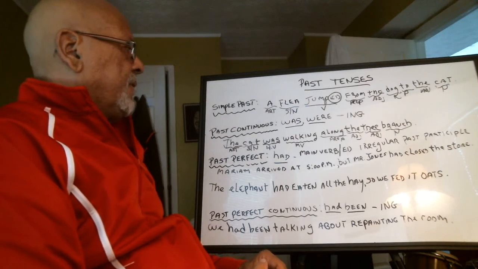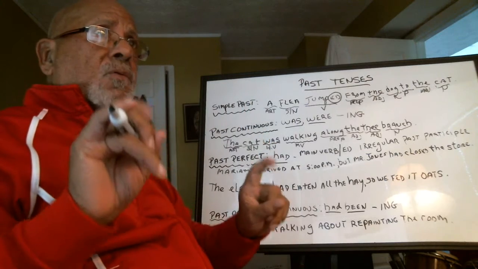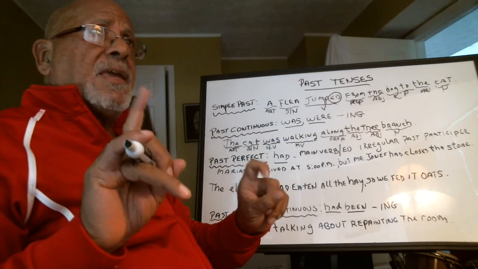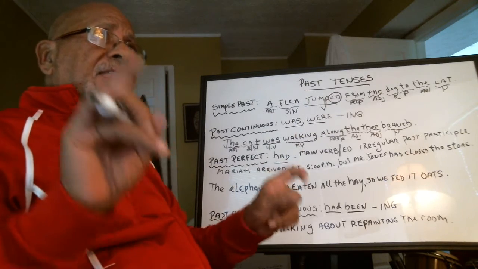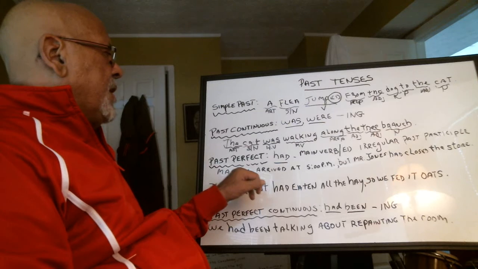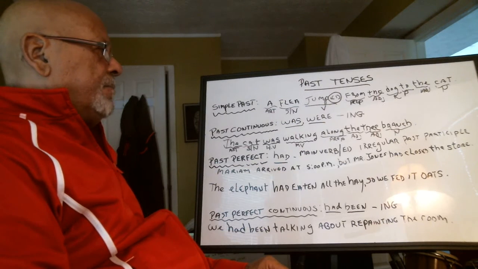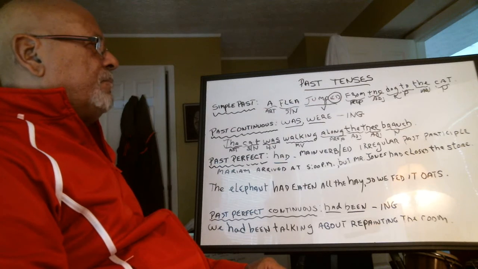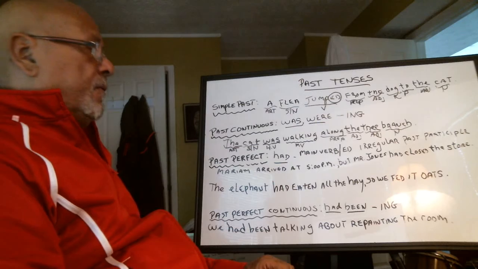Now, in this tense, we usually have two actions or two events. One ends before the other one ended. Okay? So the sentence is: Miriam arrived at 5 p.m., comma, but Mr. Jones had closed the store.